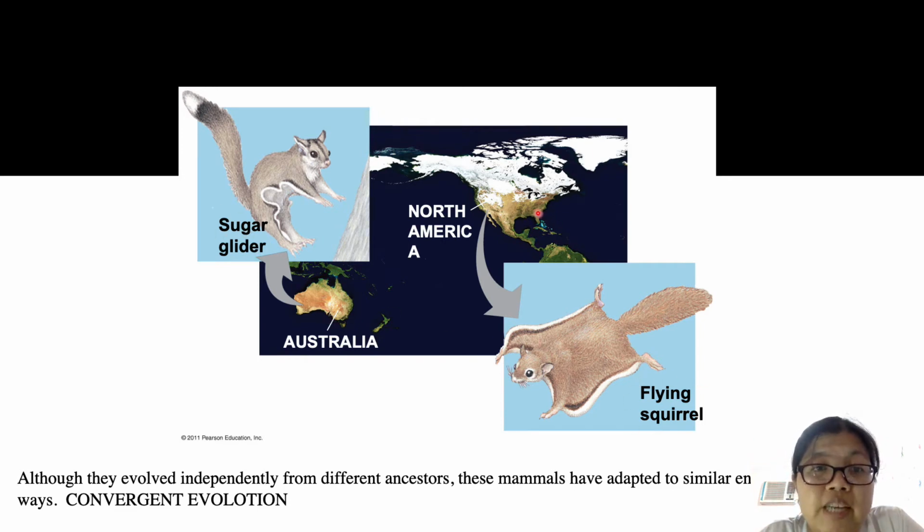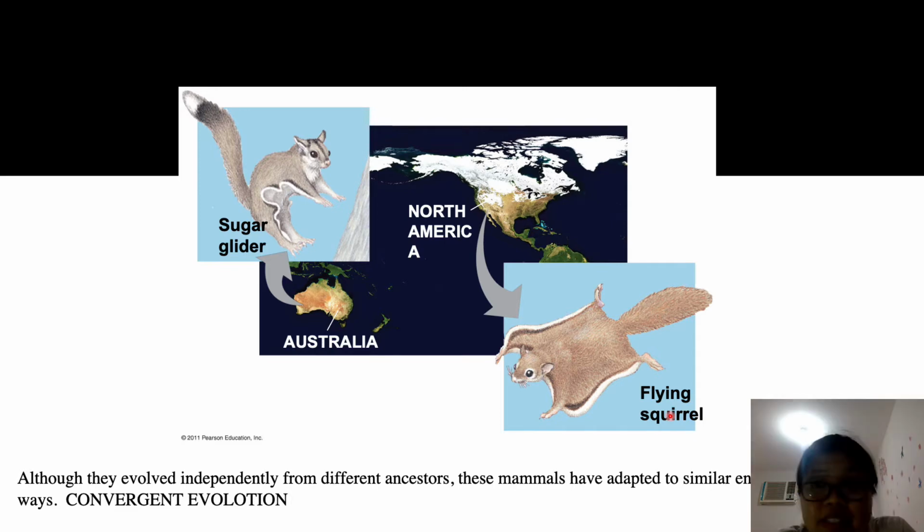Okay, for another example is this sugar glider that can be found in Australia and the flying squirrel that can be found in North America. So as you can see, the two organisms are almost identical. So you might think that these are related to each other. But when you examine the complexity of the sugar glider and the flying squirrel, the flying squirrel in North America is a mammal, okay?